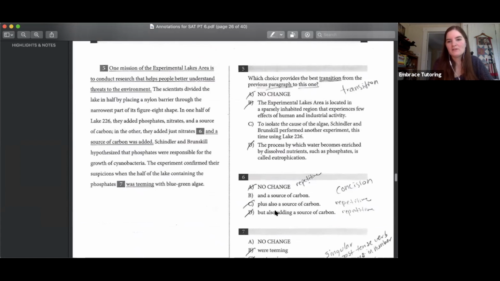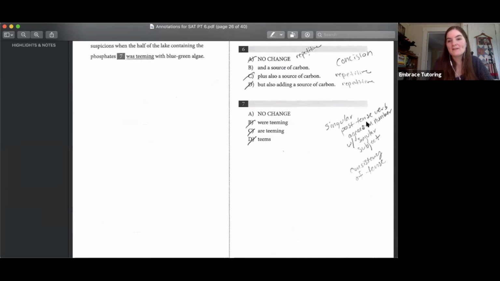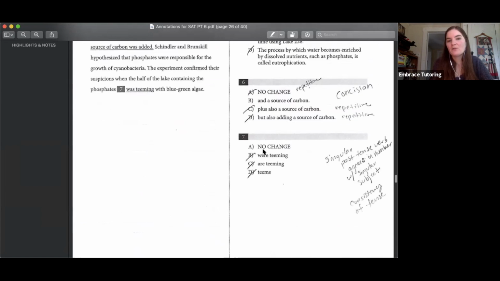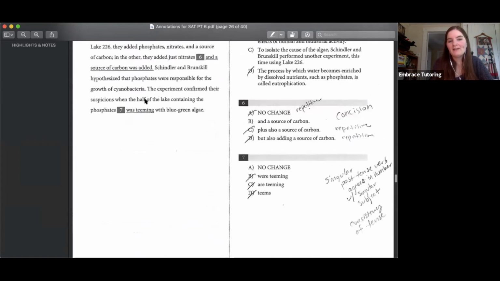So we have transitions, singular past tense verb agrees in number with singular subject, consistency of tense. If we look at this one, it's very similar to: so the experiment confirmed suspicions when half of the lake containing the phosphates was teeming with blue-green algae.